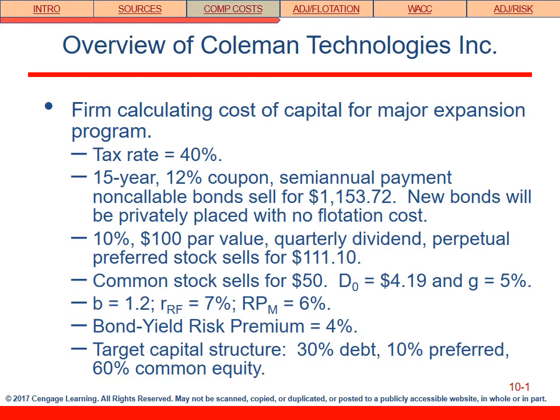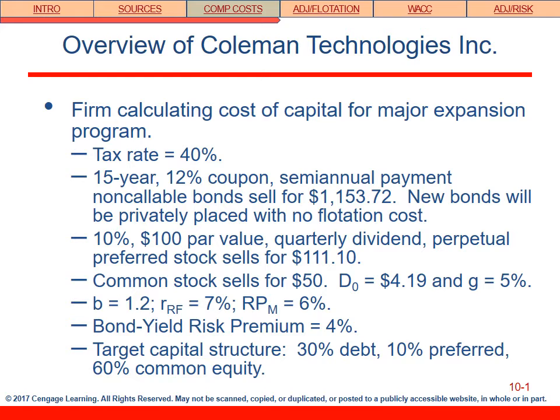Its preferred stock is 10% $100 par value quarterly dividend perpetual preferred stock that currently sells for $111.10. Its common stock sells for $50. Its last dividend was $4.19. Its growth rate was 5%.